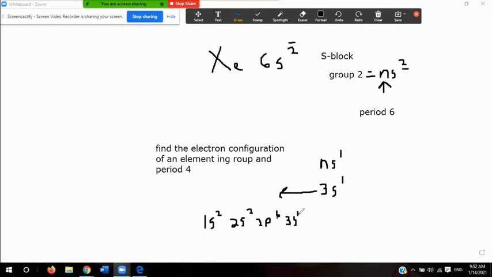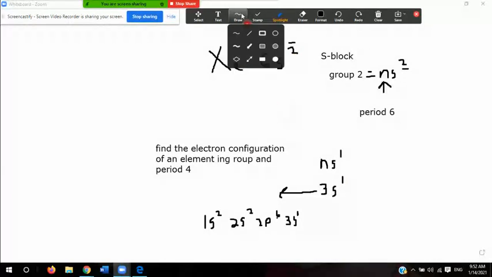So 3s1. And once we found the electron configuration, they would like us to know if the element is more or less reactive than what we found here. We know that the xenon 6s2 element is in group 2 and the 3s1 element is in group 1.